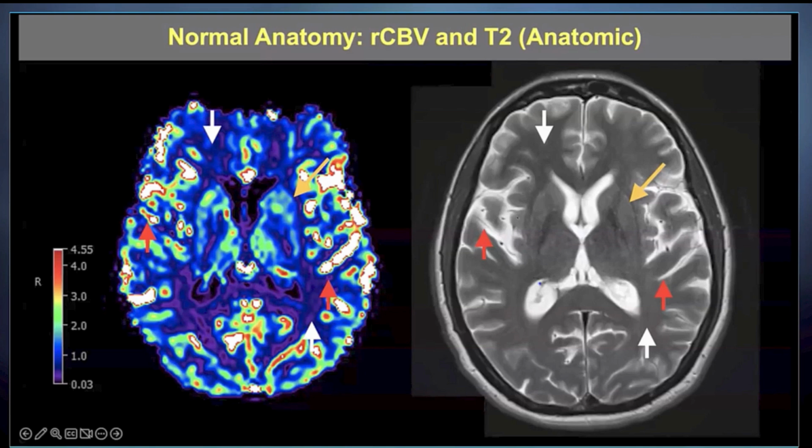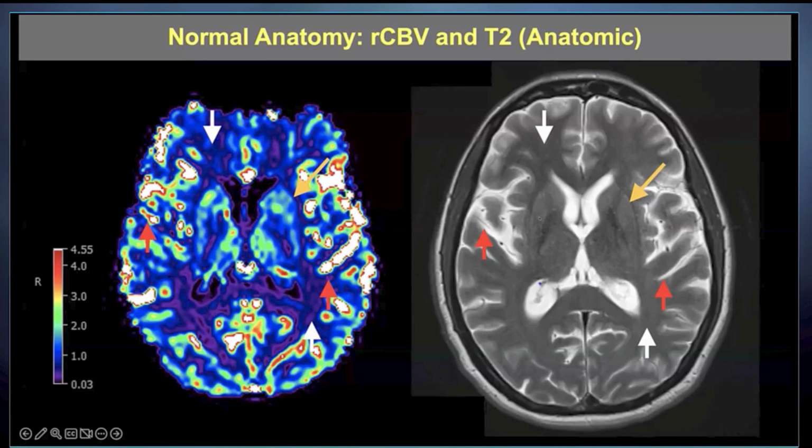There are some areas that you need to look out for that could have elevated rCBV that may mimic areas of tumor. Here we can see this orange arrow showing a normal structure, which is the basal ganglia, specifically the putamen here. And here's the caudate head nucleus, and then it's separated by the anterior limb of the internal capsule and the posterior limb of the internal capsule.